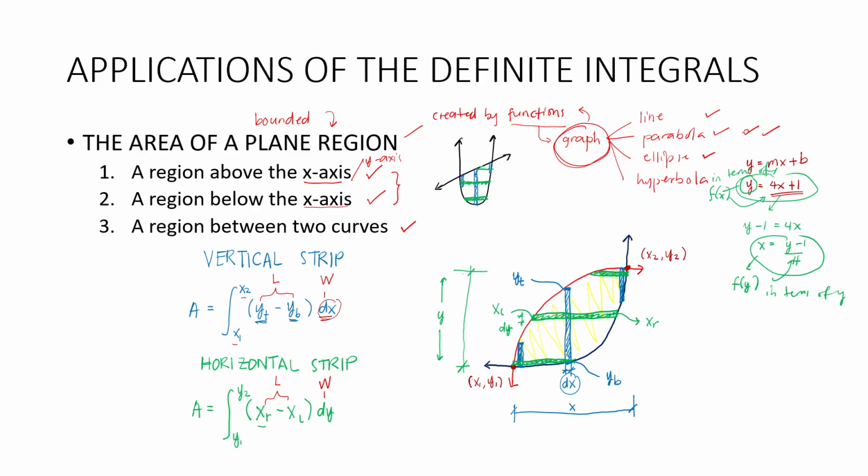But for the topmost portion, it's okay because the parabola is on the right side, and the left side is the line function. Again, that's how you want to verify the strip that you're going to use. So this one, we're going to use a vertical strip. The horizontal strip cannot be applied in this particular function.